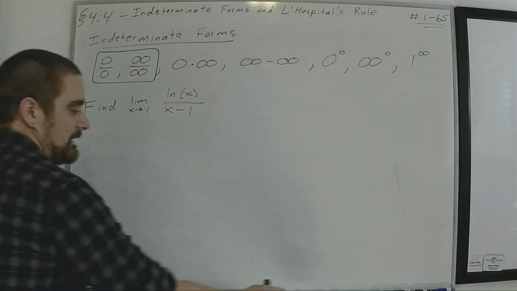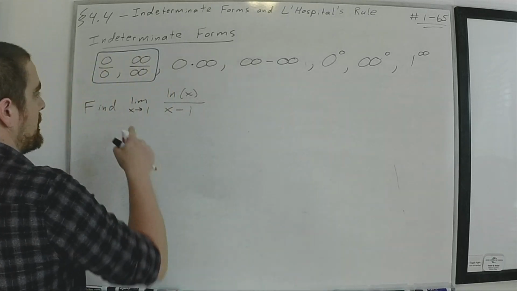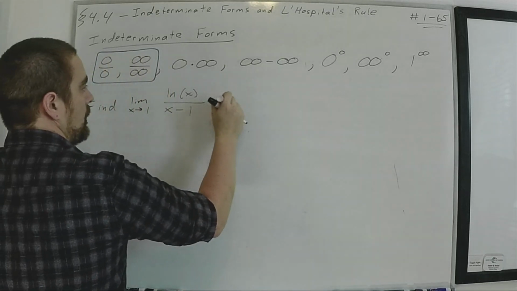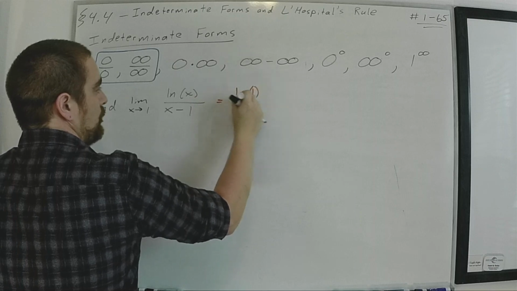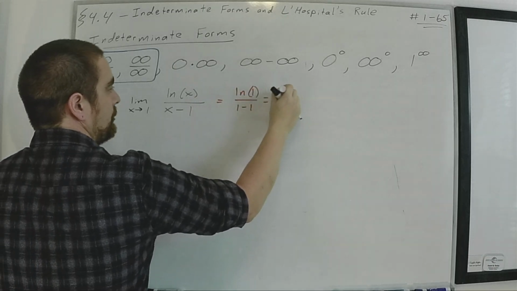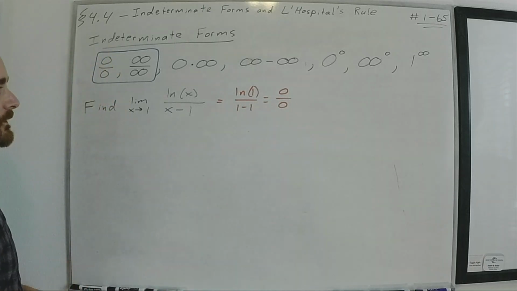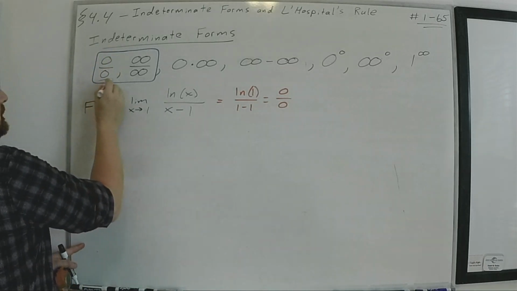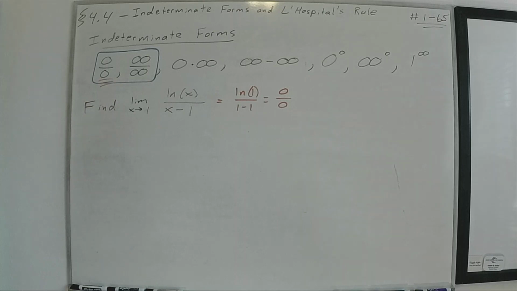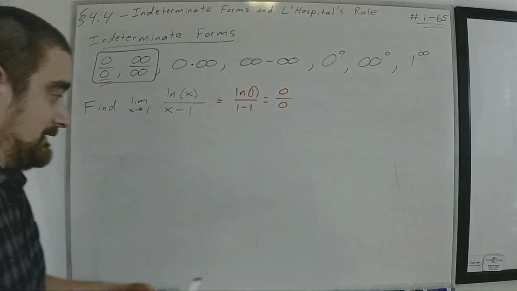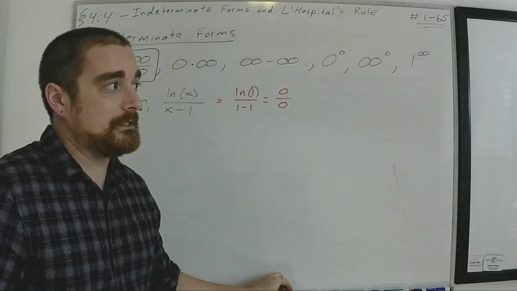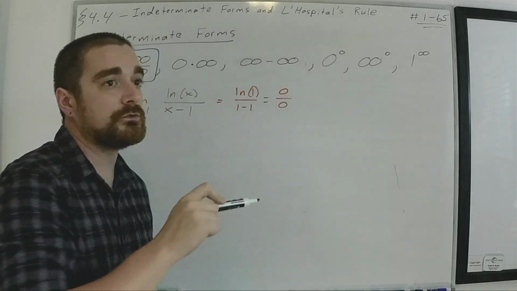And if we look at it at first, when we try and plug in 1, we would be getting natural log of 1 over 1 minus 1. Well, natural log of 1 is 0. 1 minus 1 is 0. So this is one of these indeterminate forms. But that's actually good to see, because that means immediately we use L'Hopital's rule, right?